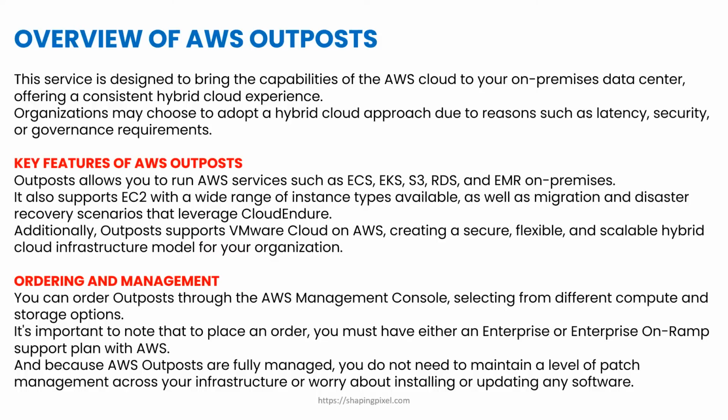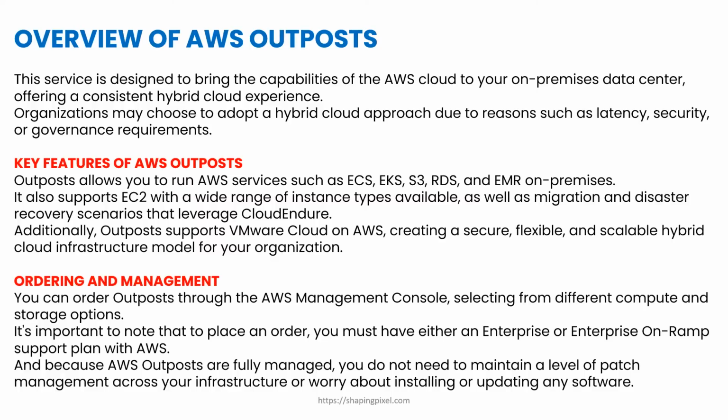It also supports EC2 with a wide range of instance types available, as well as migration and disaster recovery scenarios that leverage cloud and Cure. Additionally, Outposts supports VMware Cloud on AWS, creating a secure, flexible, and scalable hybrid cloud infrastructure model for your organization.